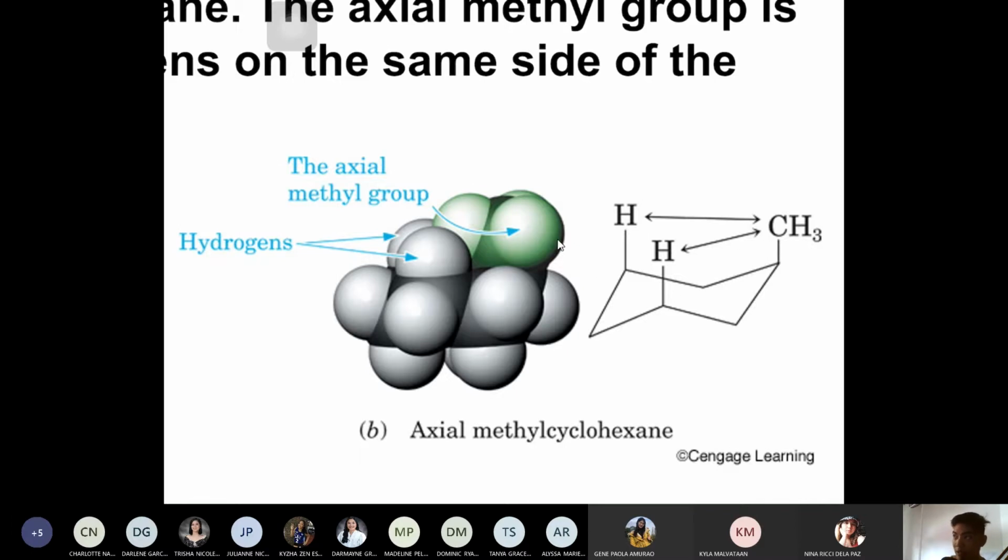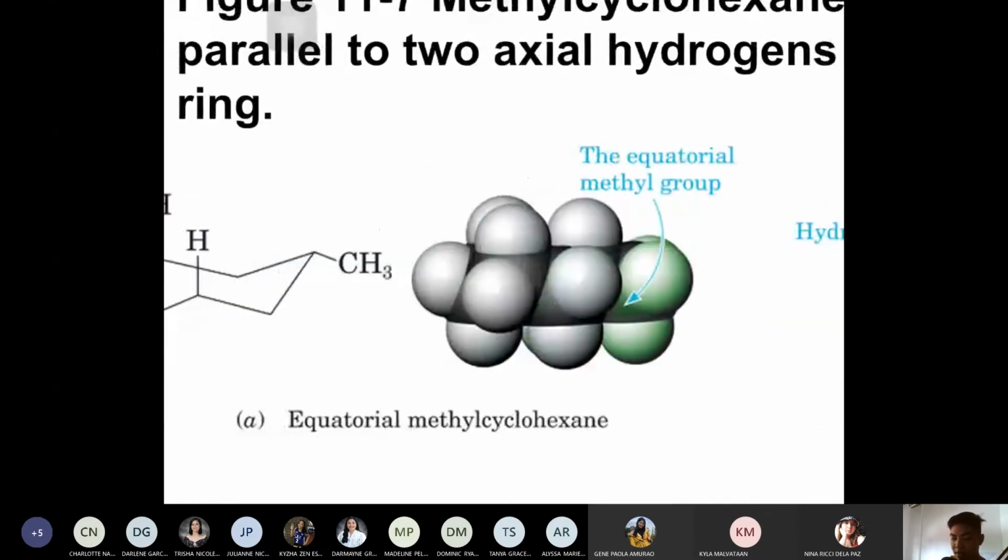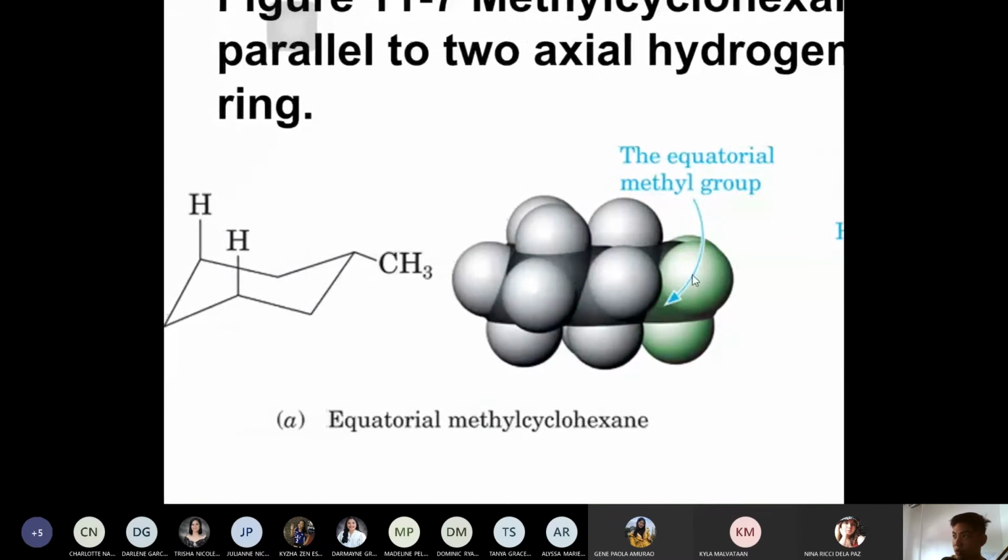Bakit? For axial, may natatamaan na ibang atoms, no? Okay, so yung CH3 tinatamaan niya yung dalawang H na naka-point din upwards, no? However, if that is equatorial, your CH3 will not bump against other atoms here kasi it will occupy another region sa end ng molecule, no?